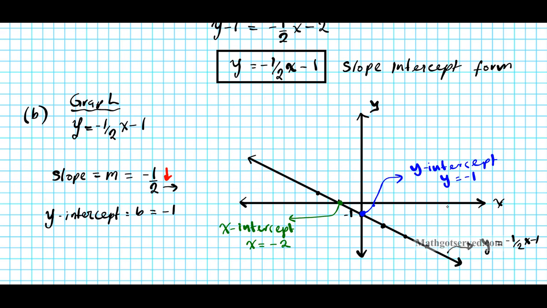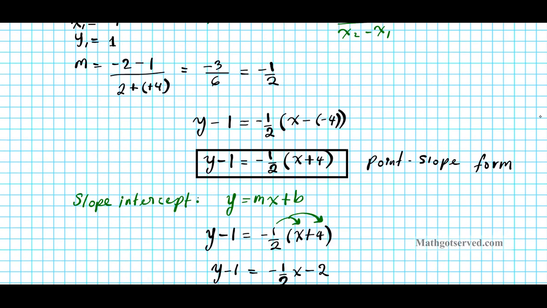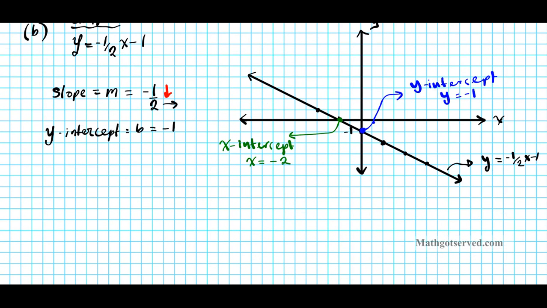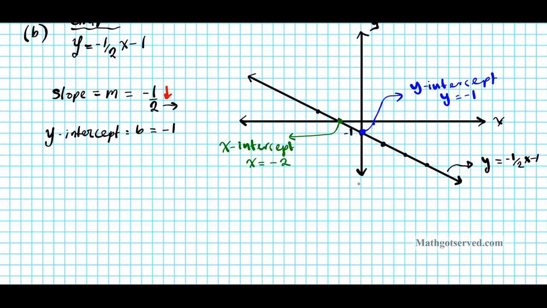And in part 3, we were asked to graph the points of the original problem on the coordinate system and state our conclusion. So the 2 points we're given were (-4, 1) and (2, -2). So let's graph those points. If they fall on this line, that means that our results are correct. If they don't, then we have a problem. Okay, so the first point is (-4, 1). So 1, 2, 3, 4, -1.